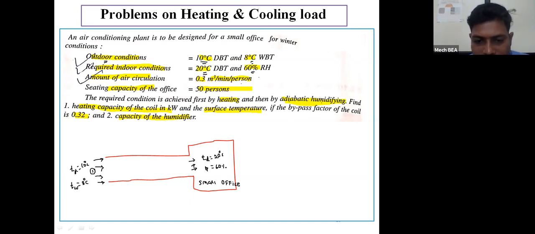If I consider the required room condition as point number 2, how are we achieving this condition? The amount of air circulation is 0.3 meter cube per minute per person, that is, for one person how much amount of air we are circulating, 0.3 meter cube per minute. And what is the sitting capacity of this office? The sitting capacity of this office is 50. So how much volume of air do I need to supply?